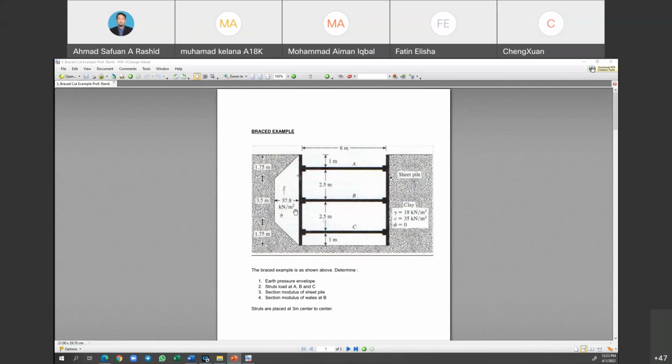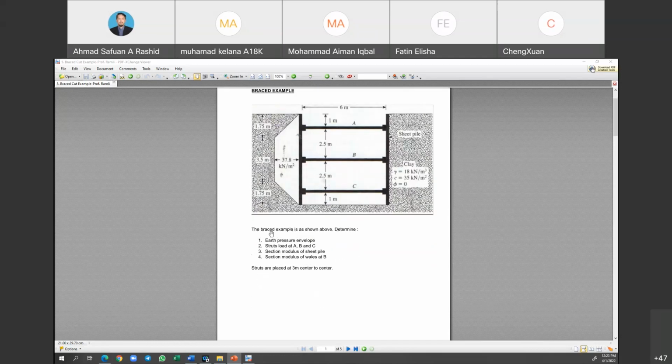So the brief example is shown above. Determine the earth pressure, strut location at A, B, C, section modulus of sheet pile, and section modulus of the wheels at B. The struts are placed 3 meter center to center. So that is the question.